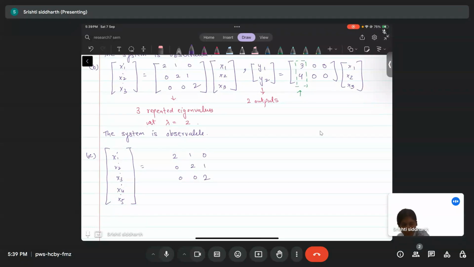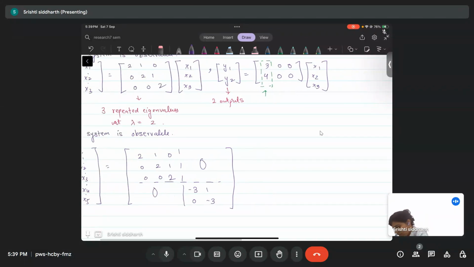Then we have two repeated eigenvalues at -3, so that would look like -3, 1, 0, -3. So we have this matrix, with all other elements 0. Then we have x1, x2, x3, x4, and x5.